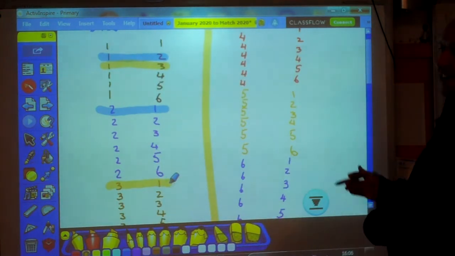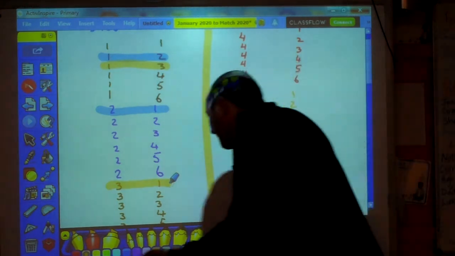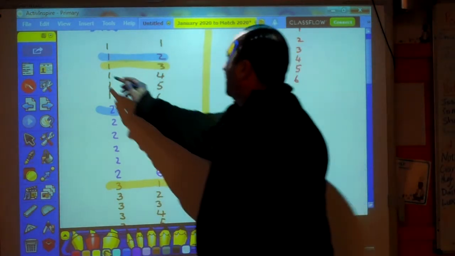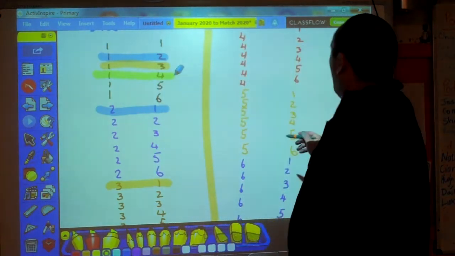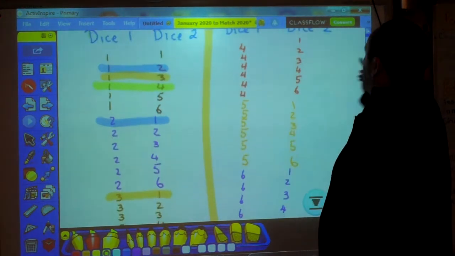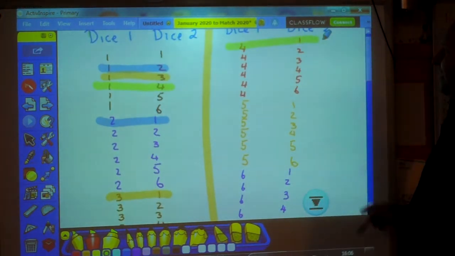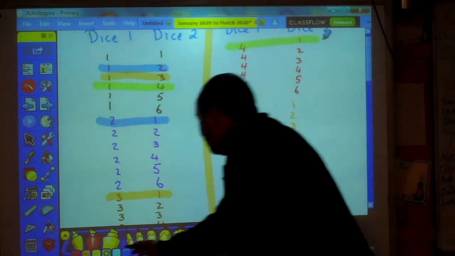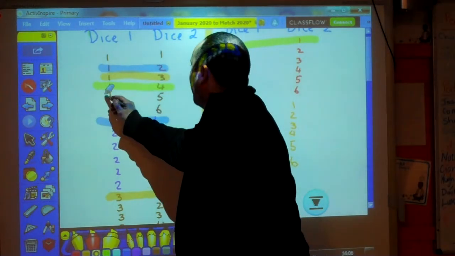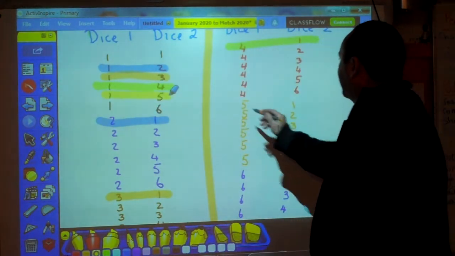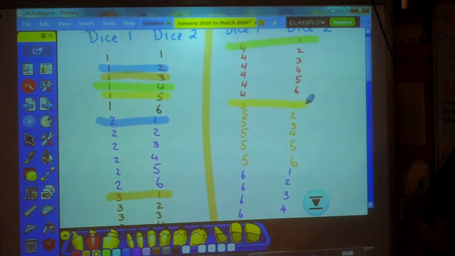So we're repeating that combination. A 1 and a 4 could also come out as a 4 and a 1, which is up here. So we're repeating that there. A 1 and a 5 could come out as a 5 and a 1, so we're repeating that there as well. So we began to see where we were making our mistakes.